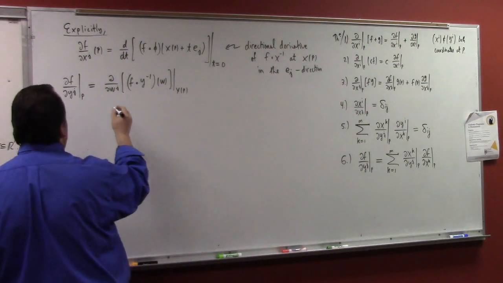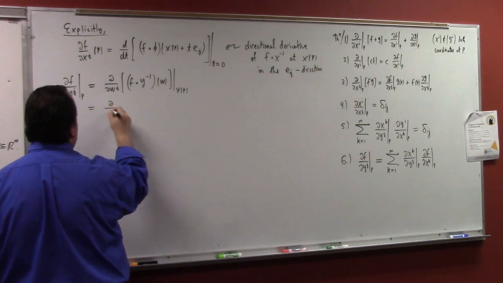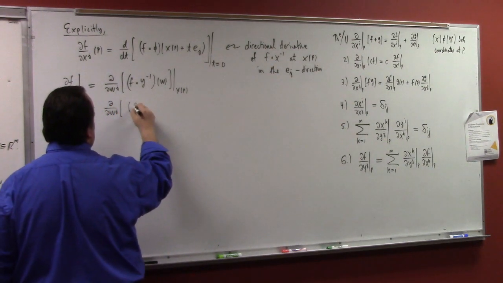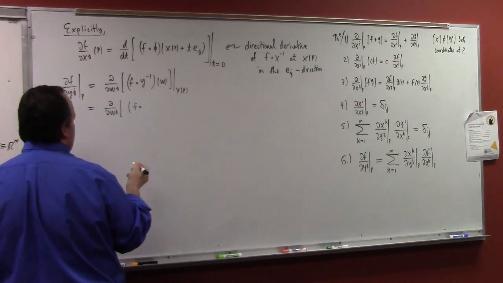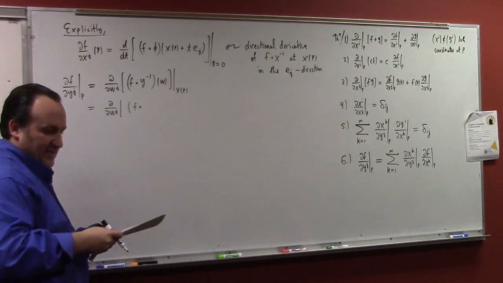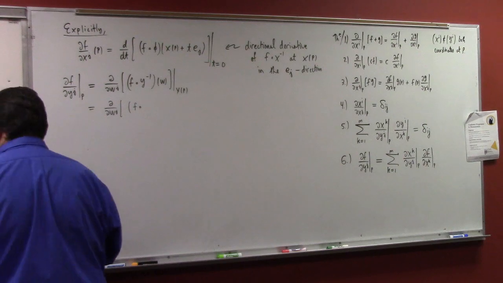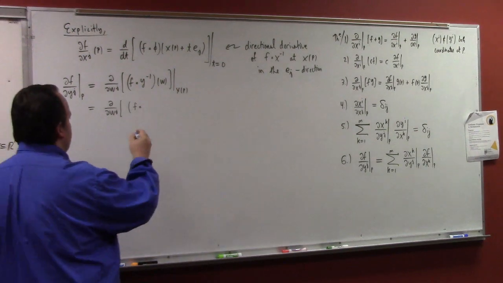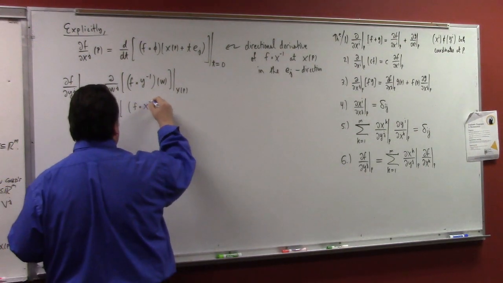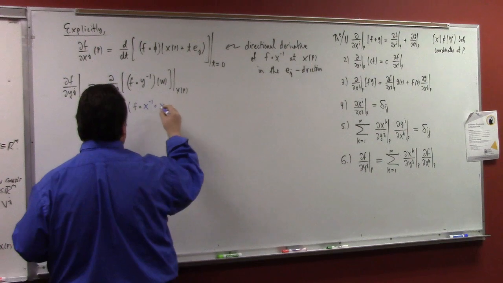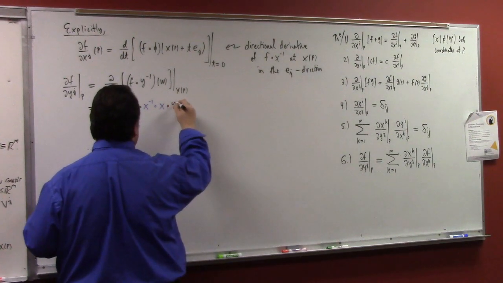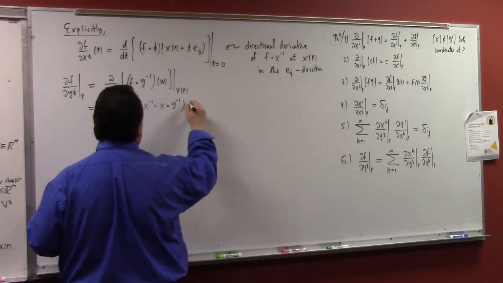So that's the same as the derivative of f composed with, looks like you need an x inverse there, doesn't it? So we just stick in an x inverse there. But you can't just do that on its lonesome, right? You've got to do x inverse composed with x, composed with y inverse, of w.